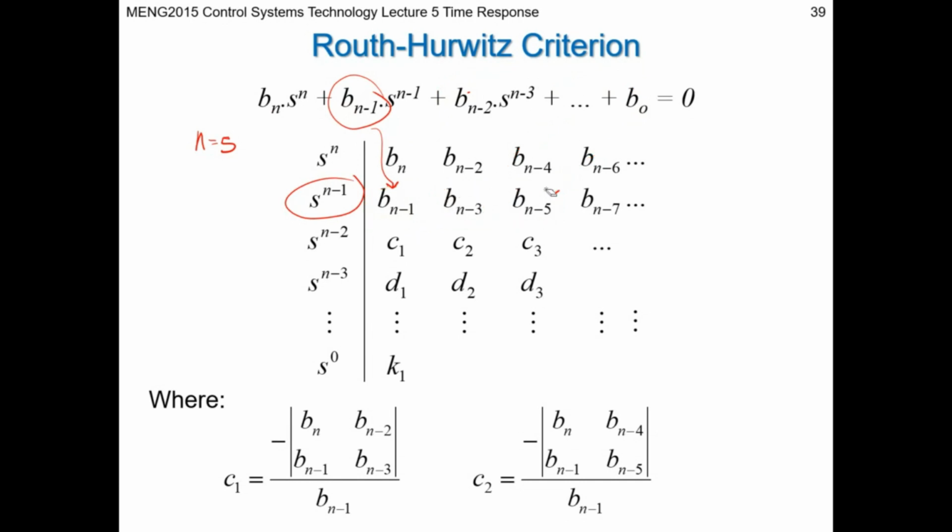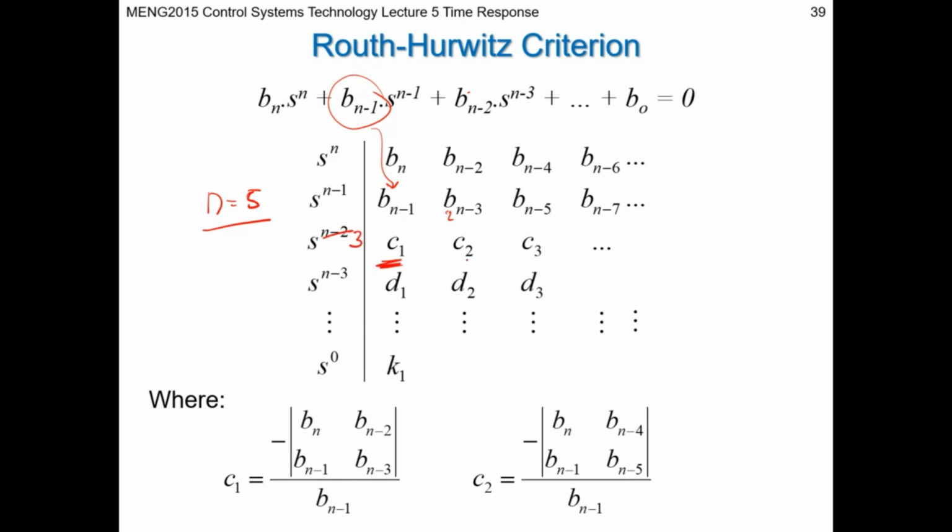Now, okay, so if we were saying we're going to have n equals 5 as the order, if it's a fifth order polynomial, then this term here would be our fourth power, and this would be B4, this would be B2, this would be B0, there'd be no other higher coefficients. So I'm just trying to give examples so you can see how it's constructed, and then you keep going down. So in this case, if we said, okay, well, let's keep our n equals 5, a fifth order polynomial, this is going to be 5, 4, 3, right?